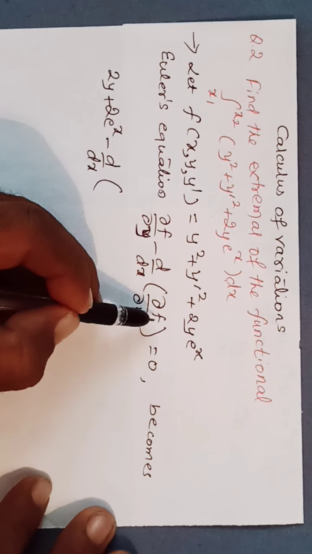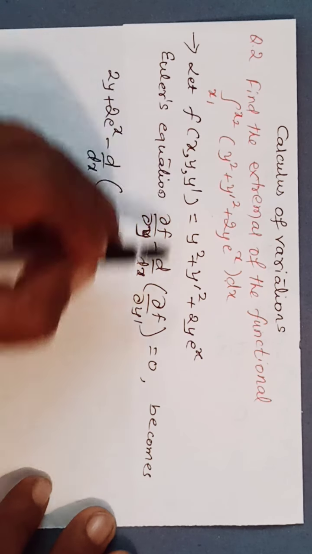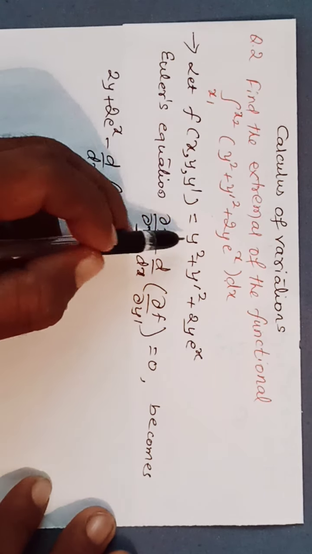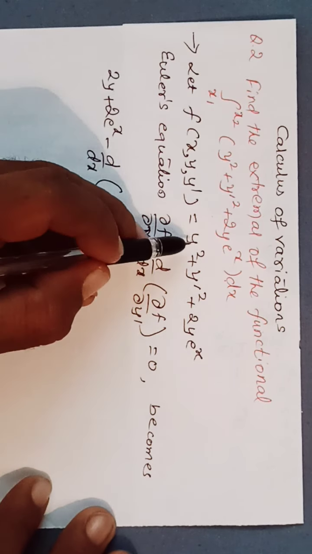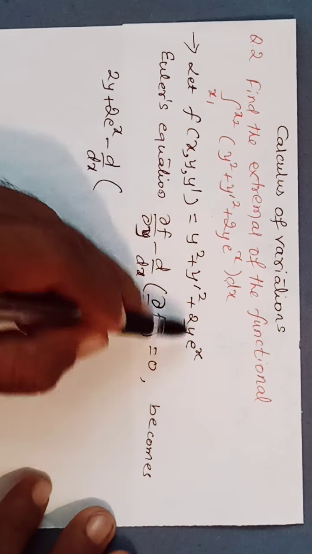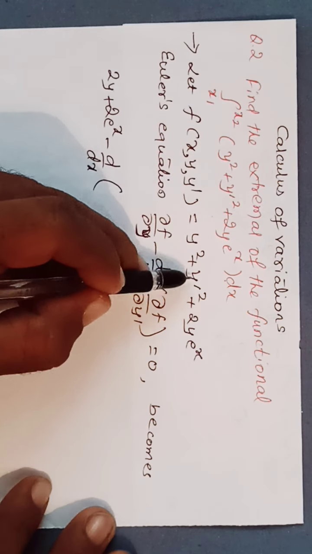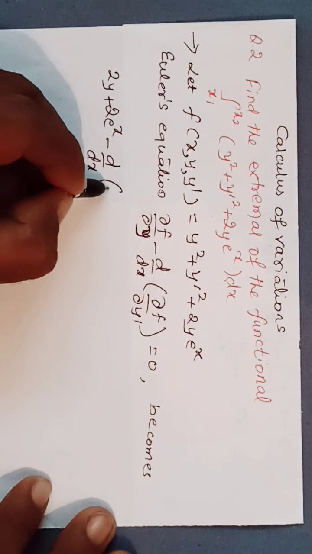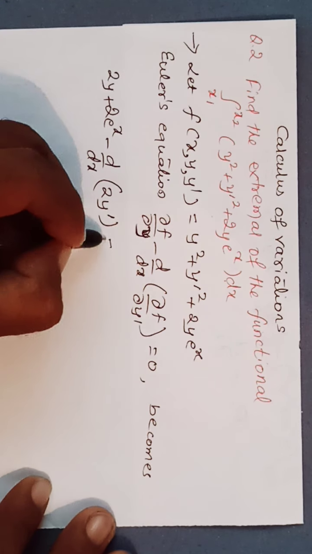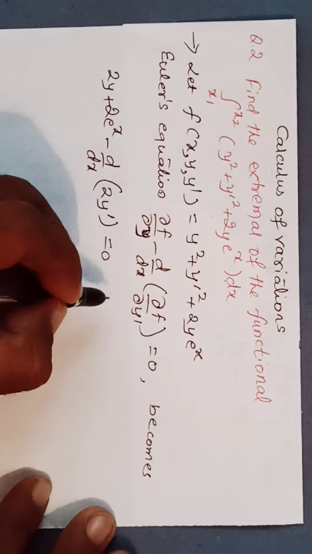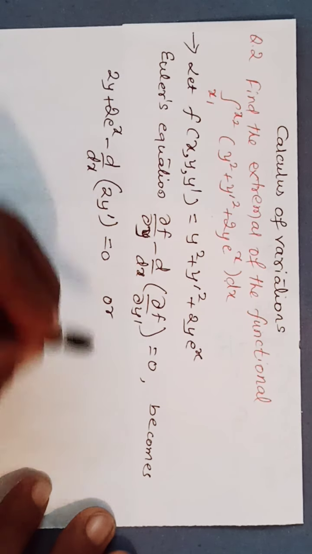dou f by dou y dash, with respect to y dash. So y dash term: here y dash is there, this term gets constant, that means it is 0 here. So it becomes y dash square, means 2 y dash, is equals to 0.